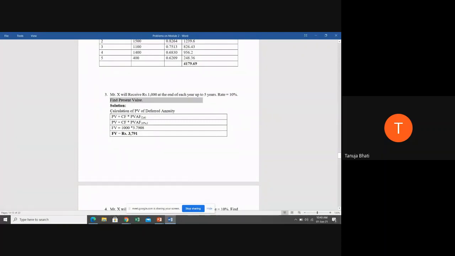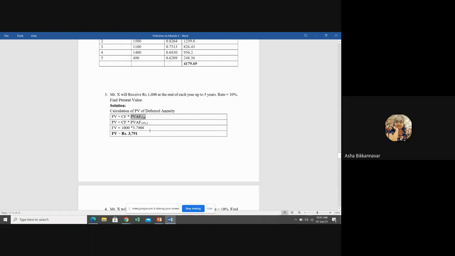So let us see, calculation of present value of deferred annuity is nothing but cash flow into present value annuity factor. How do we calculate present value annuity factor? By using I and N. I is the rate of interest and N is the number of years. So can anyone tell me which table am I going to use in order to find out this particular value?